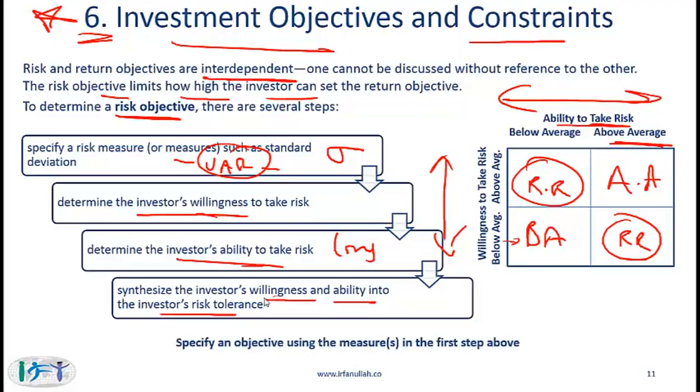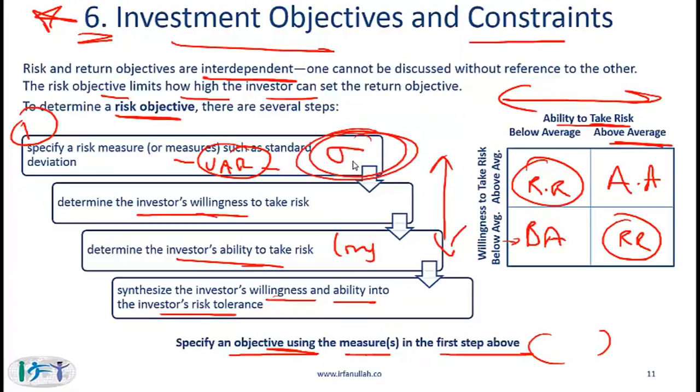And then based on this exercise, you specify an objective using the measure in the first step. So what does this mean? Here you actually put a number. In step 1, you said that this is my metric. For example, in step 1, you might say that the volatility of this portfolio is measured in terms of the standard deviation. So you are saying it's an absolute measure and the measure is standard deviation.